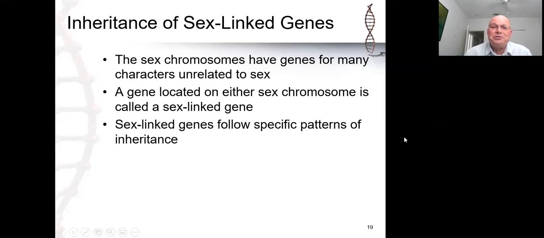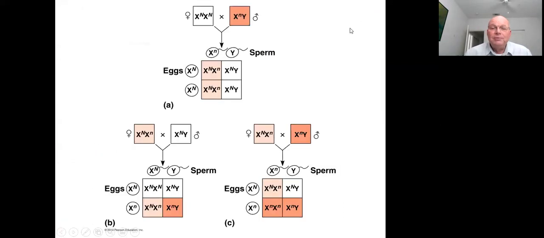And so that is going to change how we have to look at the inheritance patterns. So in this diagram, we're trying to show how the inheritance patterns play out under different circumstances, depending on where the X chromosome is coming from and the nature of the X chromosome, because it's really all about the X chromosome.